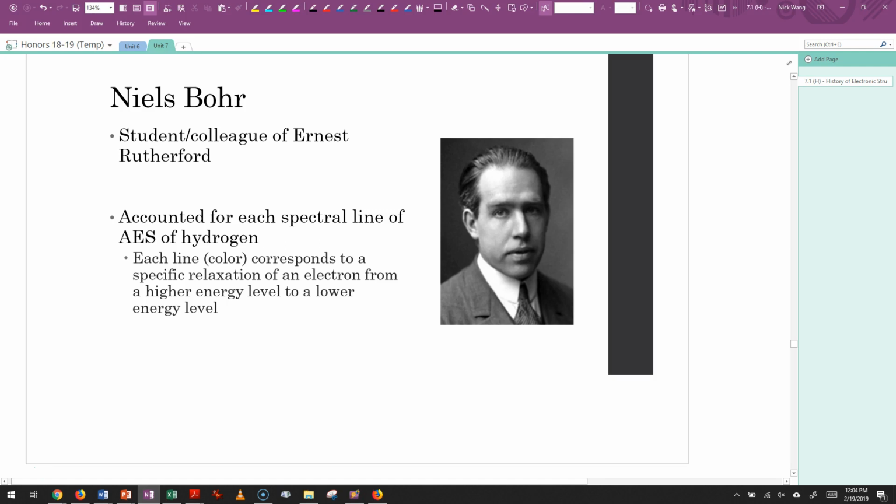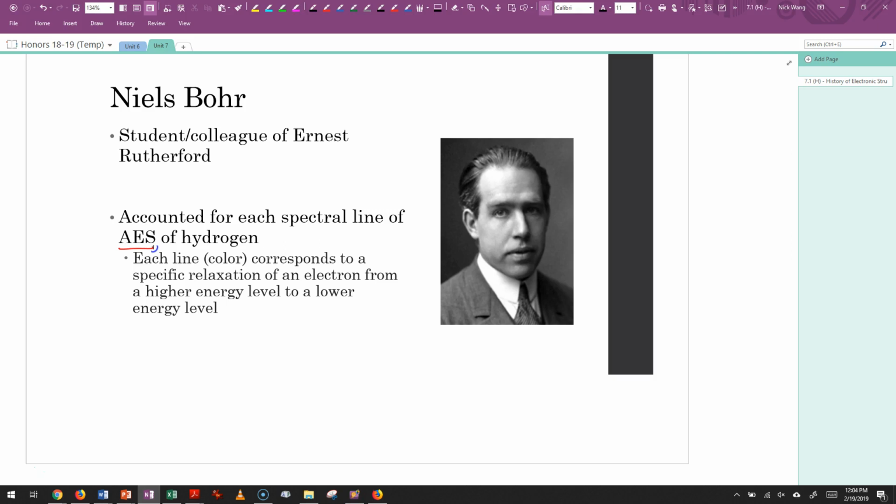But one thing Bohr worked on specifically was looking at hydrogen, especially the atomic emission spectrum of hydrogen, and looking at each spectral line. That means all those individual colors that come out of the atomic emission spectrum of hydrogen. He was trying to analyze those and draw conclusions about how the electrons are arranged.